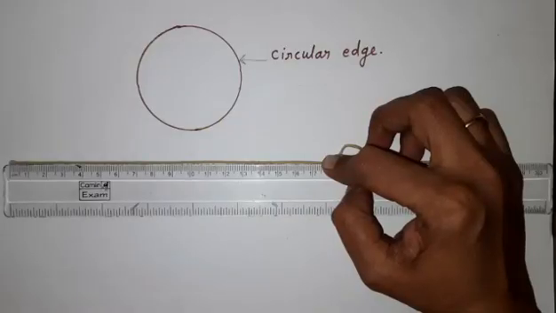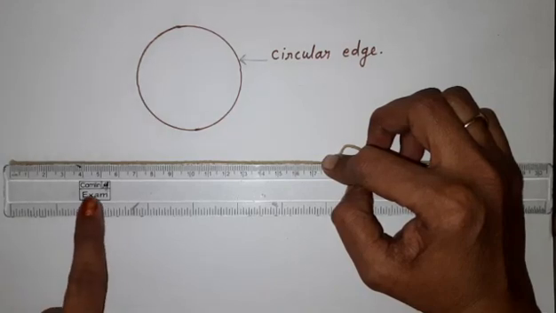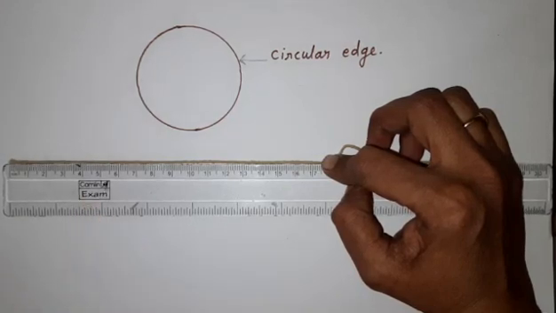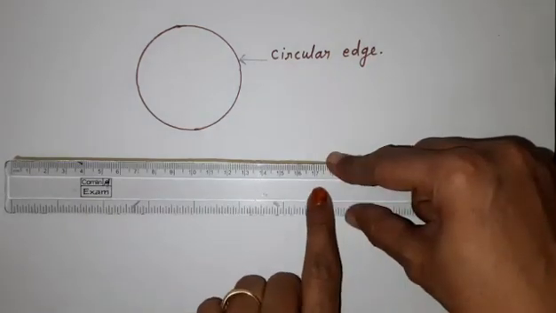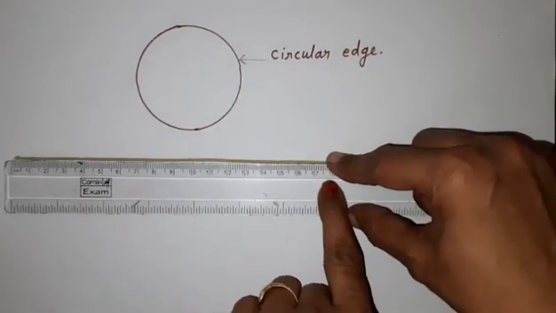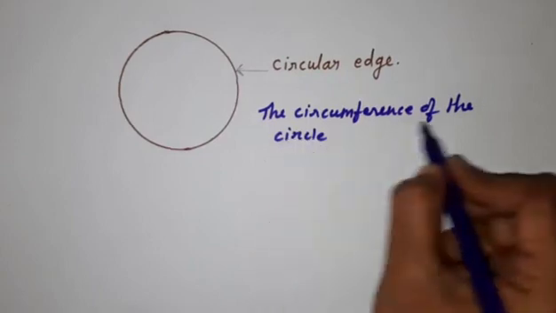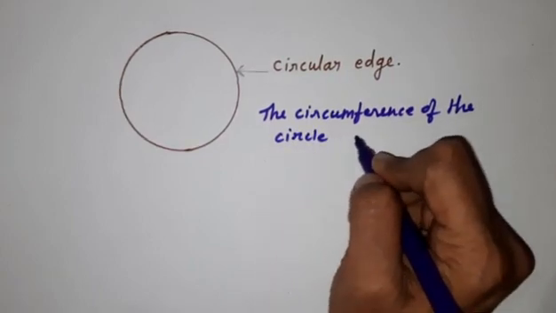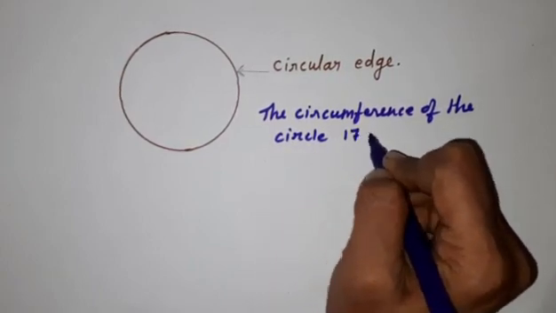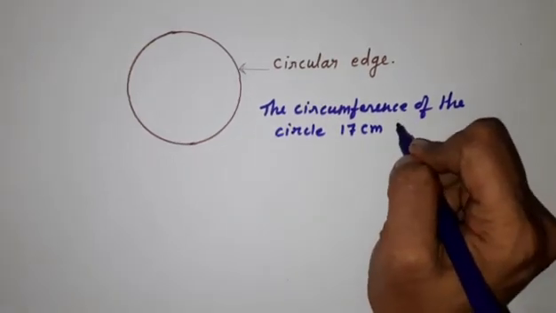Now measure the straightened part with a ruler. The length of that part is the circumference of the circle. This is 17 centimeter and 5 millimeter. So the circumference of the circle is 17 centimeter 5 millimeter.